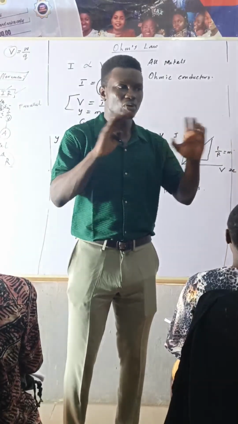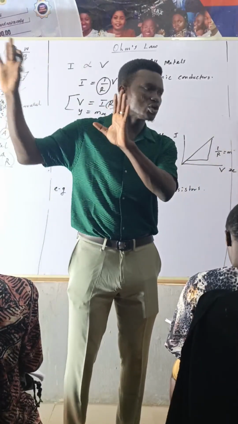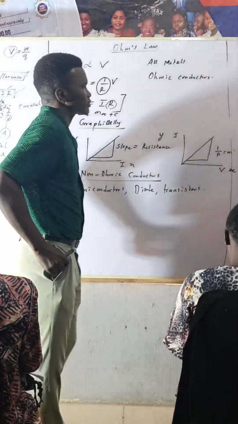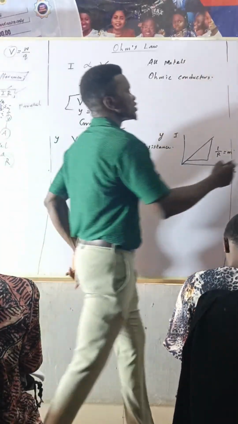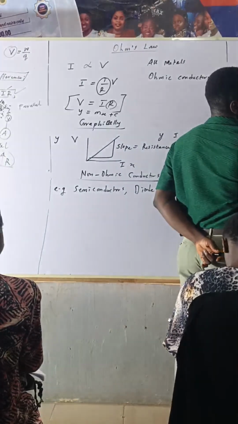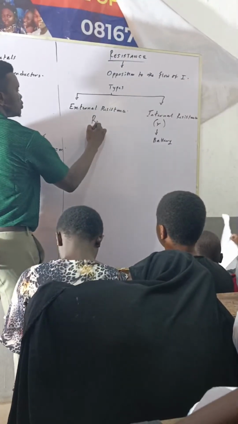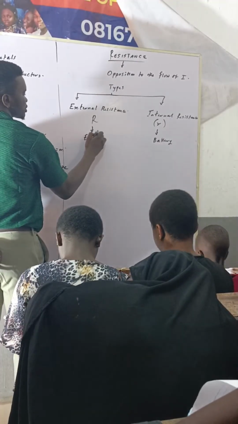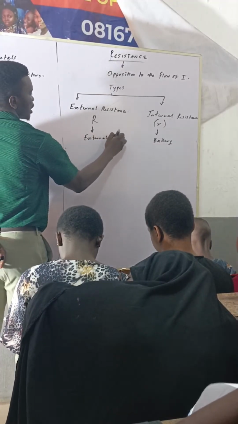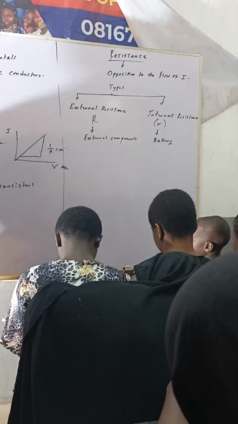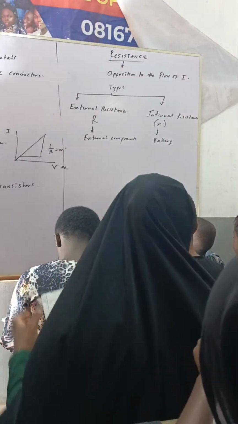But if you don't know much of electrolysis, don't worry. Let's just go on. So now, this is associated with batteries. This is associated with external circuits, external components. We're still going to go on with resistance.